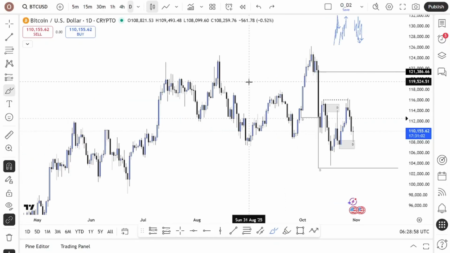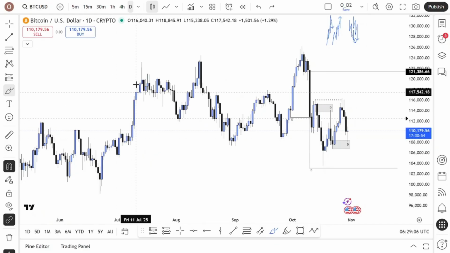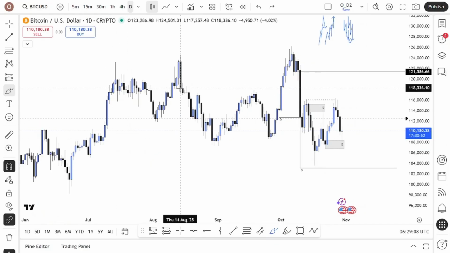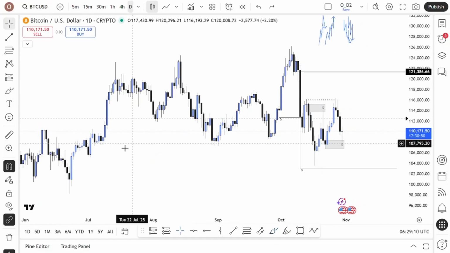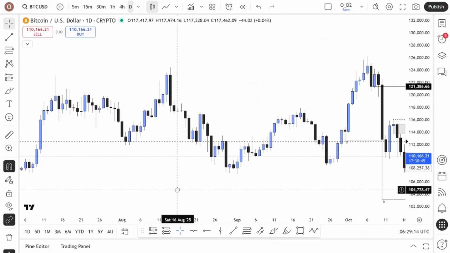So with that, if we shrink our chart a little bit, we can see that we had a couple of structures here. Let's just go straight to here because this is where volume was. Now we can take this whole thing as tiny stuff.